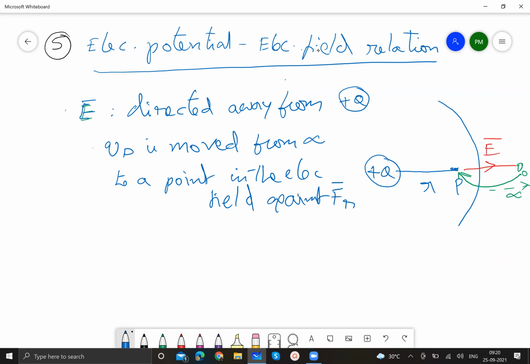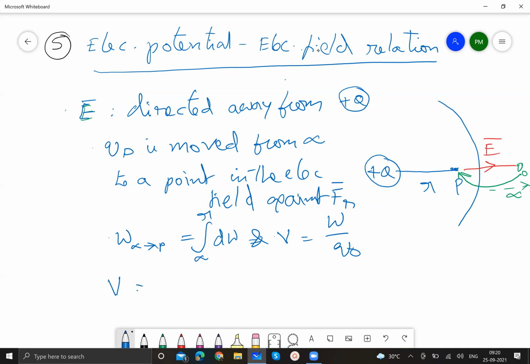Again it is the repulsive force. So there we got W from infinity to the point P in the electric field, defined as the work done to bring it from infinity to R. And of course, the electric potential at that point is defined as W by Q naught.